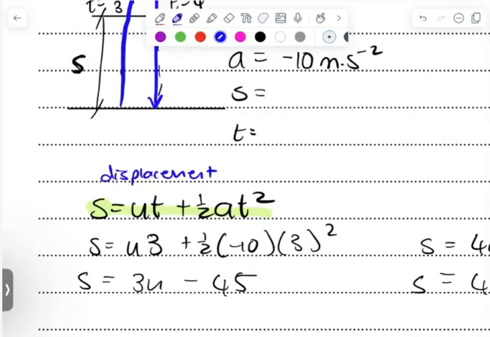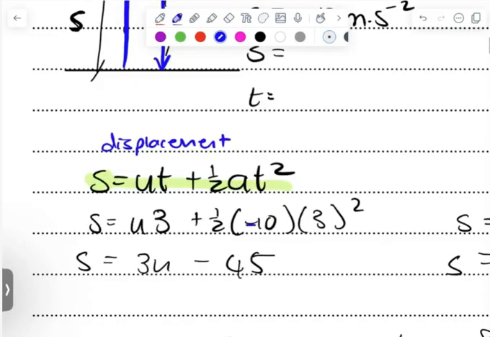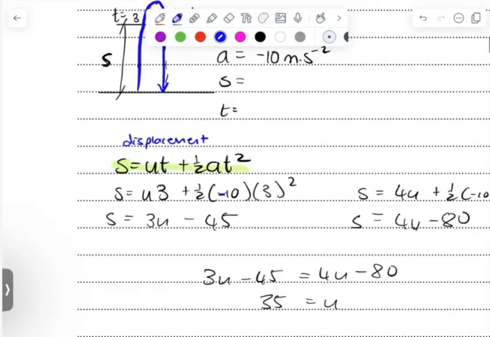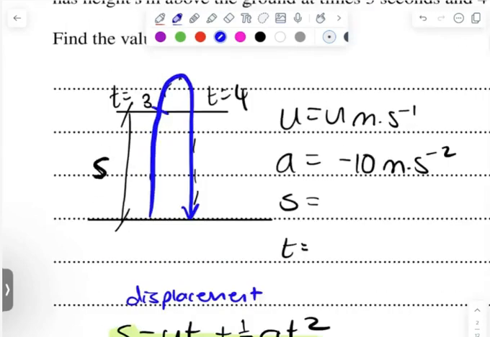It goes up and then it comes down again, because now in this case I've got my negative acceleration. So if I have my quadratic, it's going up and down. So when I plug in my 3, well, it's going to have the same displacement at 2 points, at the point 3 and again at the point 4.